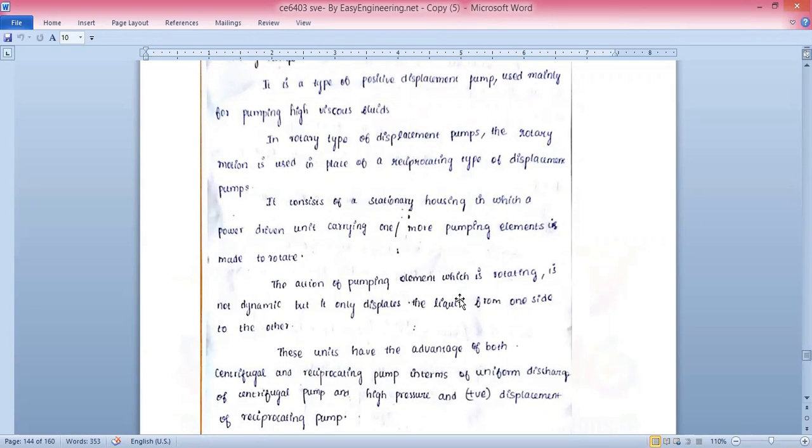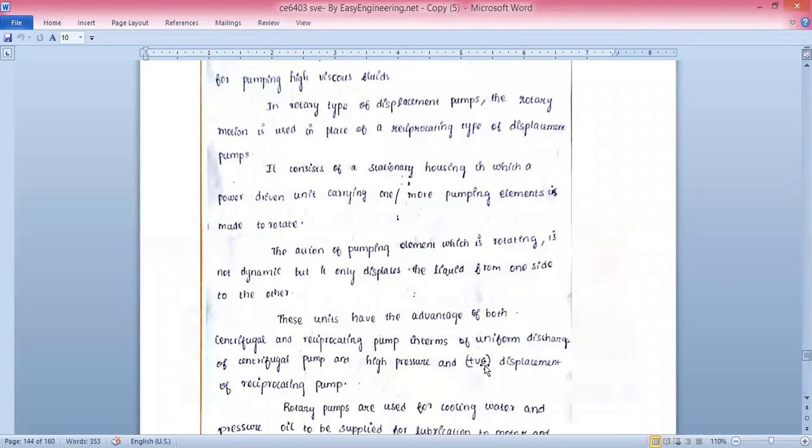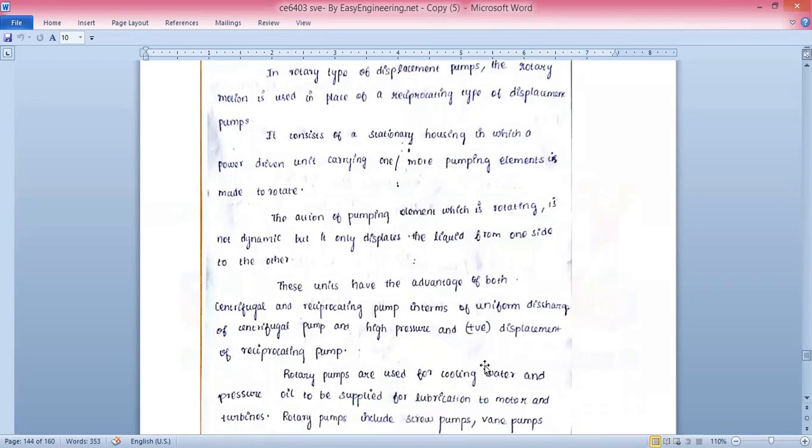So there are some units inside it. Let's see that. These units have the advantages of both centrifugal and reciprocating pump. So all this arrangement inside the rotary pump has the advantages of the uniform discharge of a centrifugal pump and the high pressure and positive displacement of a reciprocating pump.